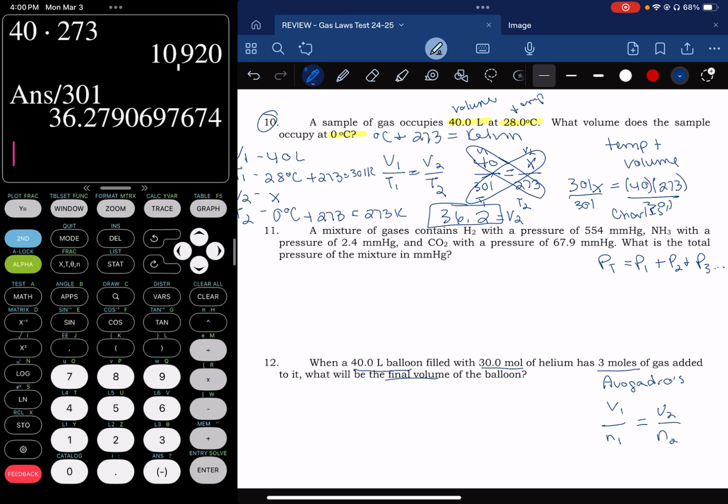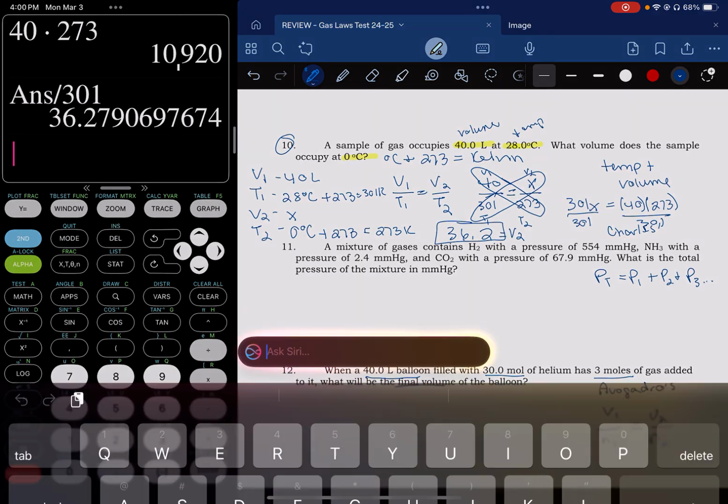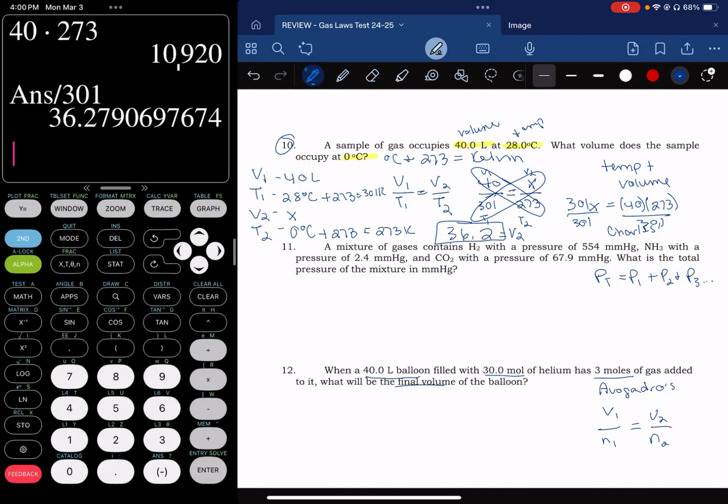Just like all of them, we first write out our variables: V1, N1, V2, N2. It says a 40-liter balloon filled with 30 moles of helium, so that's our initial 40 liters and 30 moles.